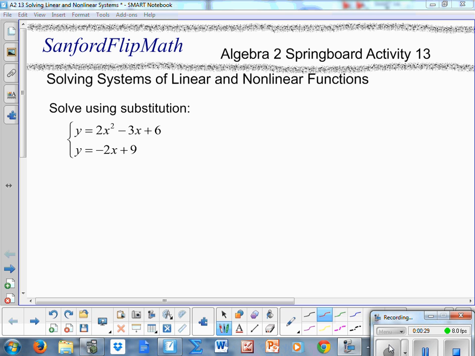As you can see, we have a system of two equations here. One is linear, one is not so much. We have a quadratic function as well. And we know that this is a system of equations because we have this brace here.